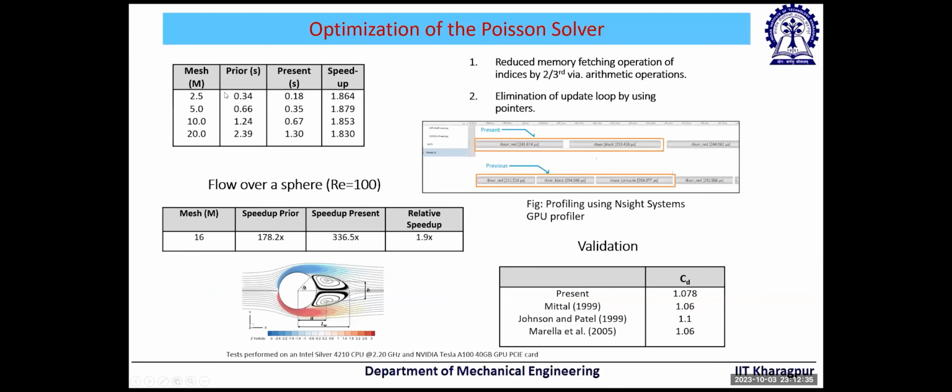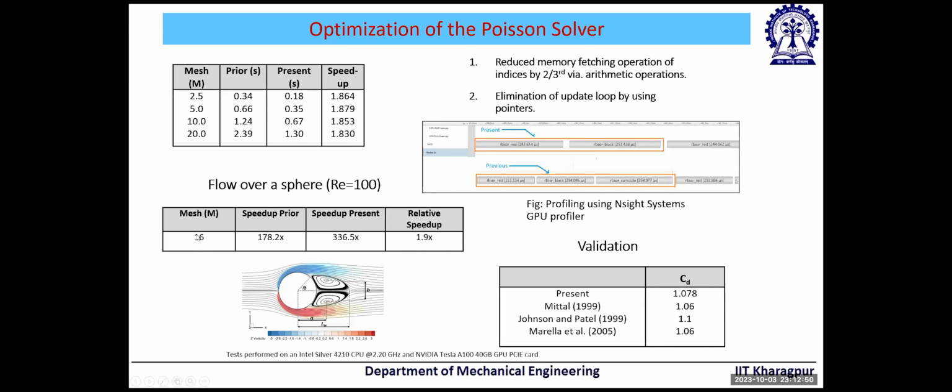And then we can see that after this optimization, as we increase the mesh, we get a nearly constant speed up between the previous unoptimized method and the new optimized method. Around 1.8 times speed up is obtained.